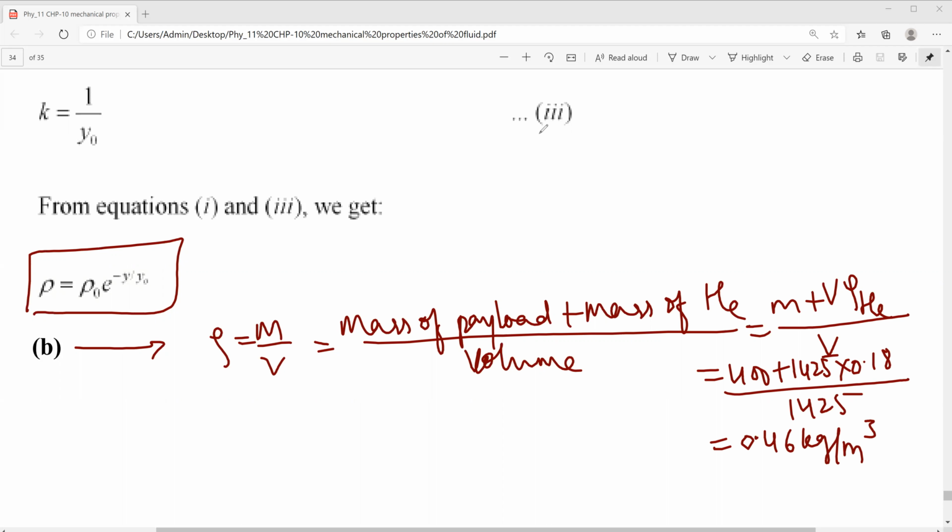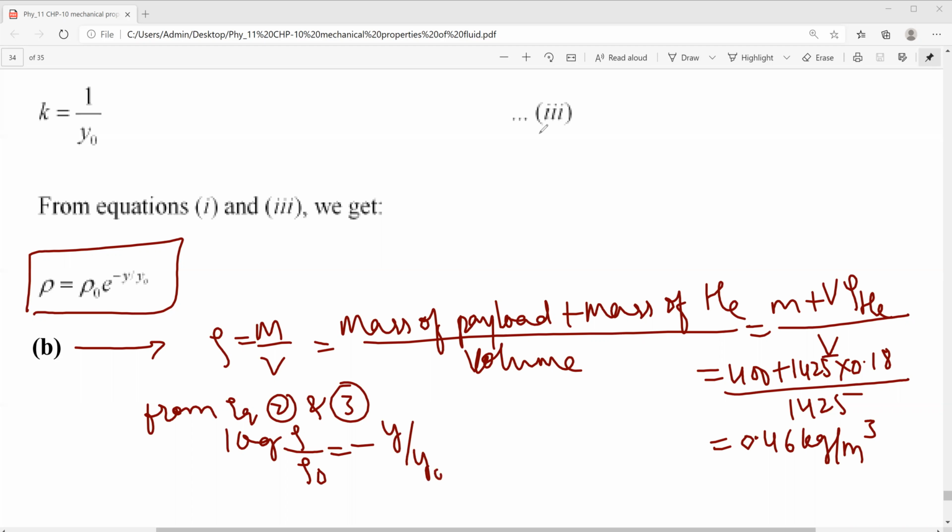So from equation 2 and 3, we got log of rho by rho naught is equal to minus y by y naught. You will be able to understand this after learning logarithm and integration, so just try to understand this here.